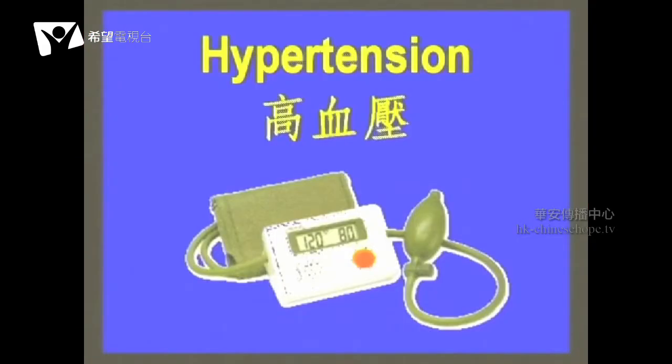Now let's talk about hypertension. As you see, we have new values for blood pressure. In the past, as a doctor, I used to classify a person with hypertension when the values were over 140 and 90.